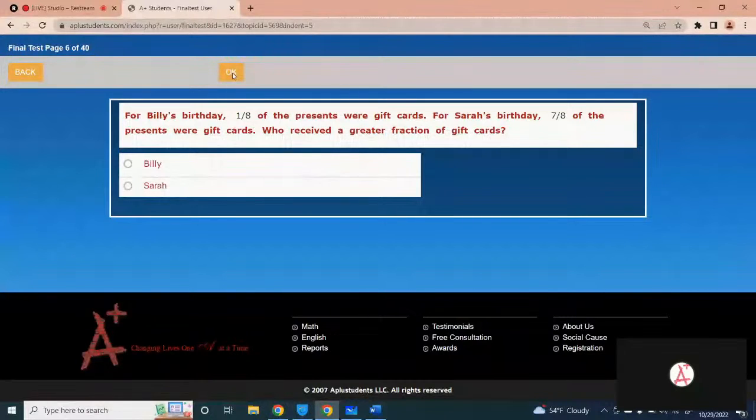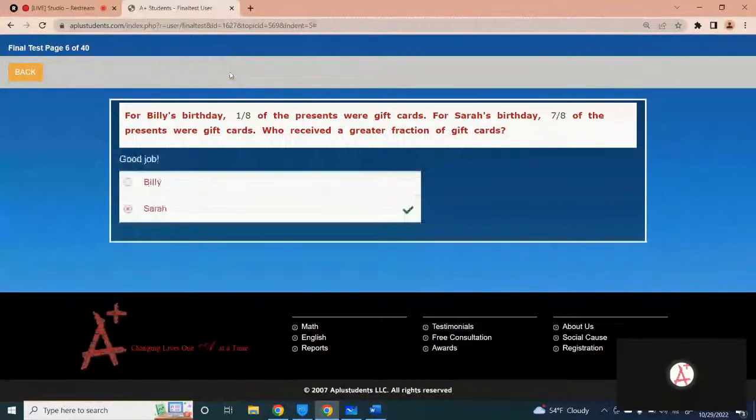So which one is greater? Yes, 7 by 8 is a greater value. That means Sarah got more gift cards than Billy. Got it? So just select the correct option and click on the OK button.